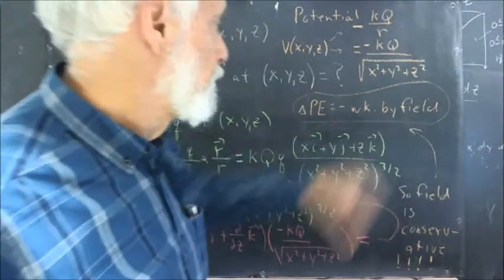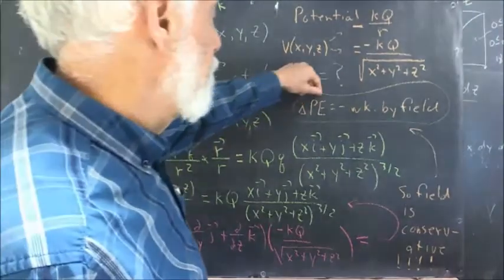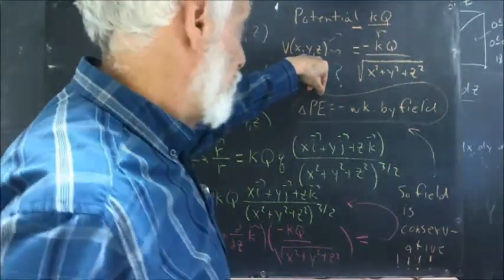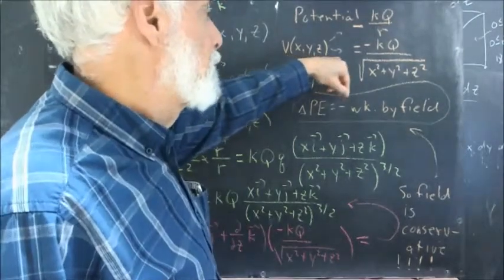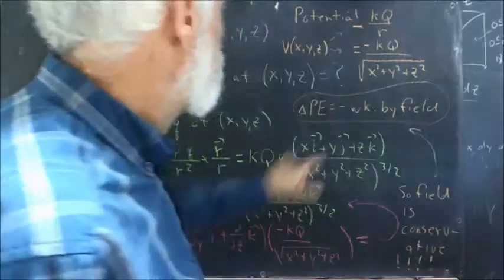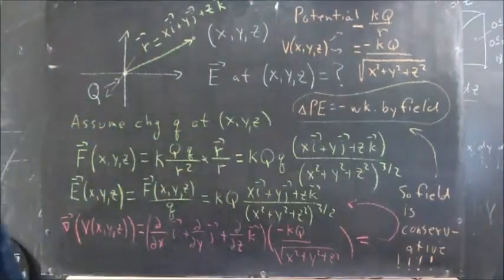Your field is conservative, and from the fact that the field is conservative, we can conclude that the change in potential energy as we move from one point of the field to another is equal and opposite to the work done by the field. And that brings us right into the work-energy theorem.